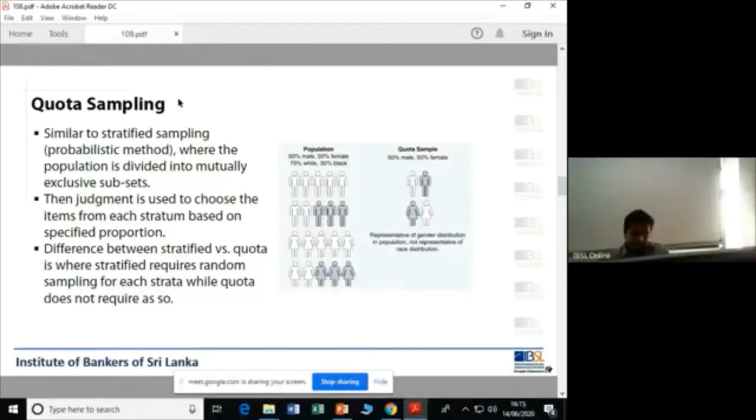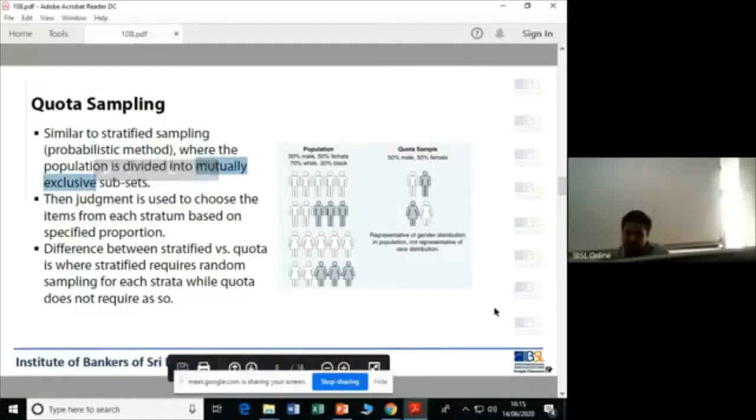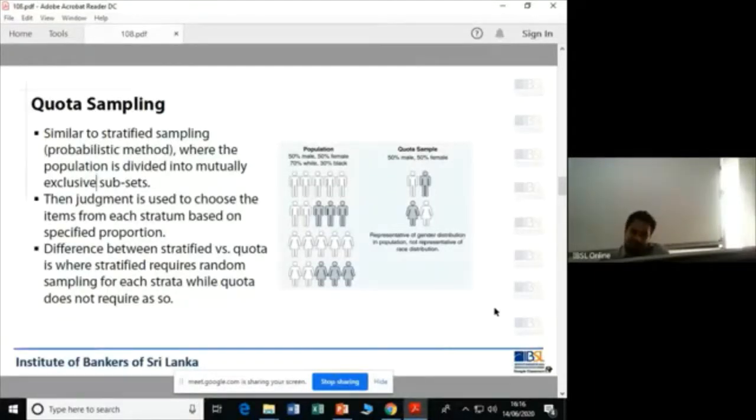This is similar to stratified sampling, where the population is divided into mutually exclusive subsets. Okay, the word mutually exclusive is something that we are going to heavily use in our third or fourth lecture series that is on probability. It says that your quotas or your sub segments of this entire population cannot have crossing or intersecting or some common characteristics such that one item can be sitting on both of these places.